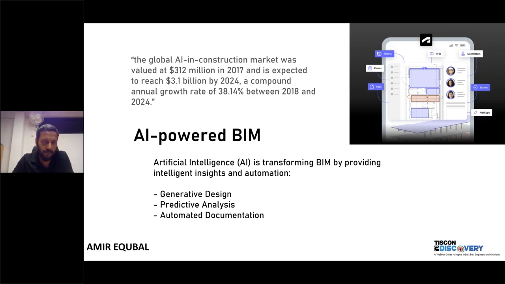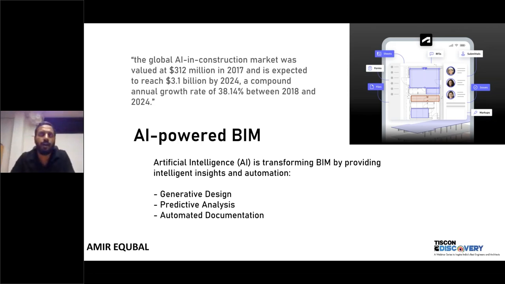For example, we will have one case study later on that will make it clear that some of the projects you see in the world could not be done even without BIM, and in the coming years you cannot even think about them without using AI. You can do those projects in record time.